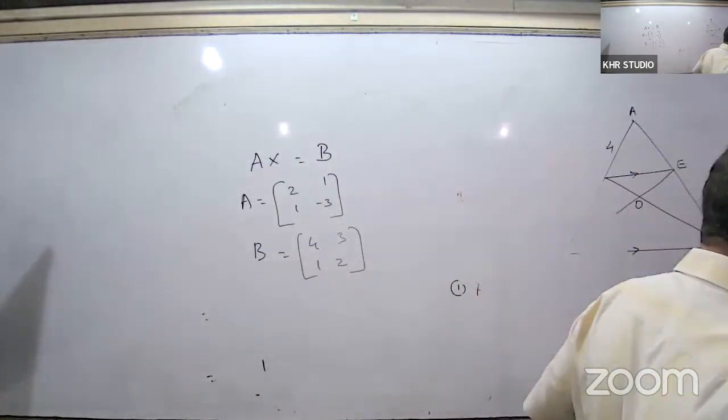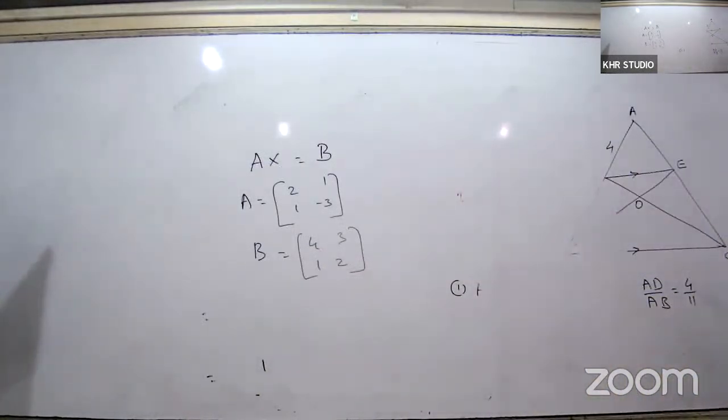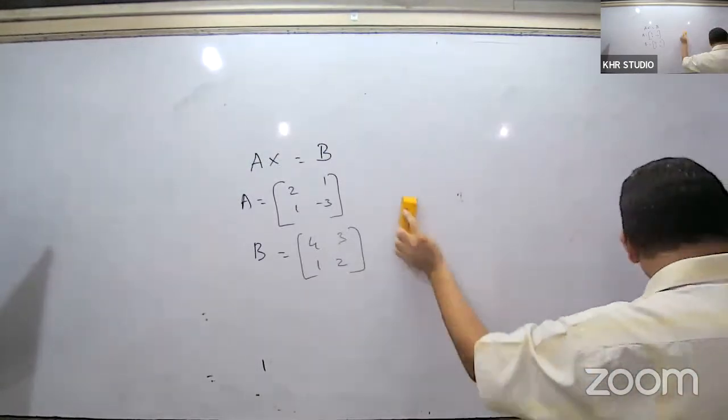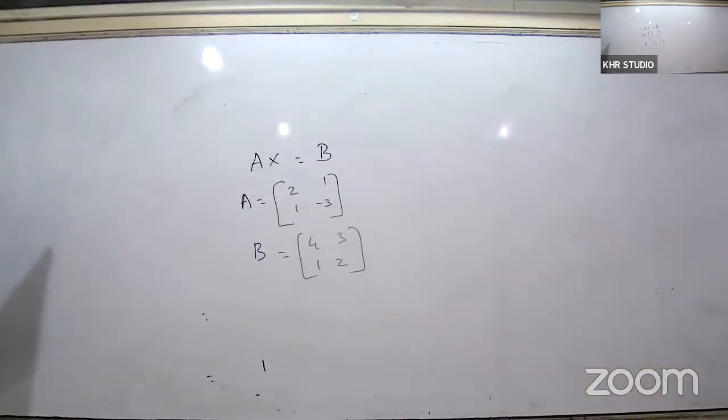The chapter is matrices. Question: find the matrix X. X is the matrix, A is given, B is given. You have to find the matrix X. Who got the answer?